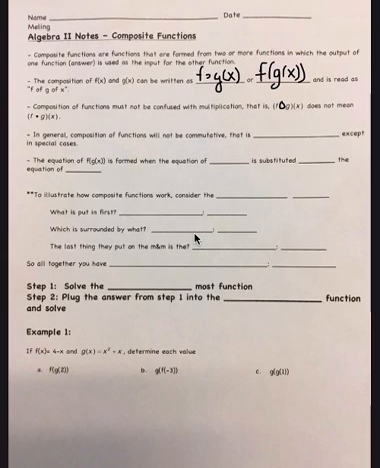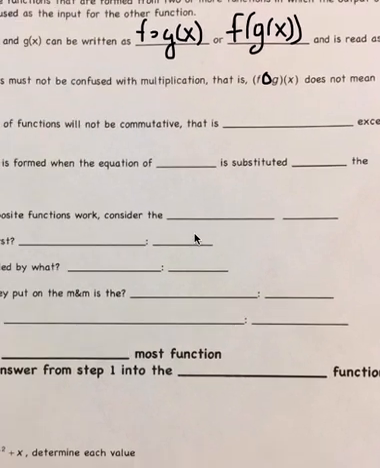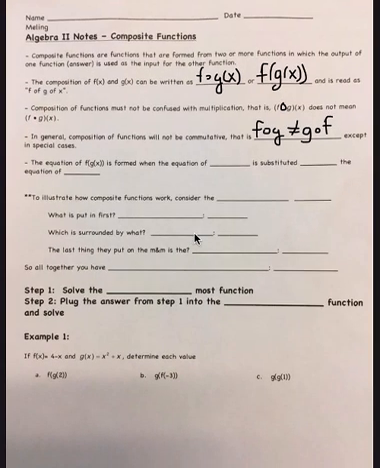In general, composition functions will not be commutative. That is, f of g does not usually equal g of f, except in special cases, and we will talk more about those when we get into inverses.